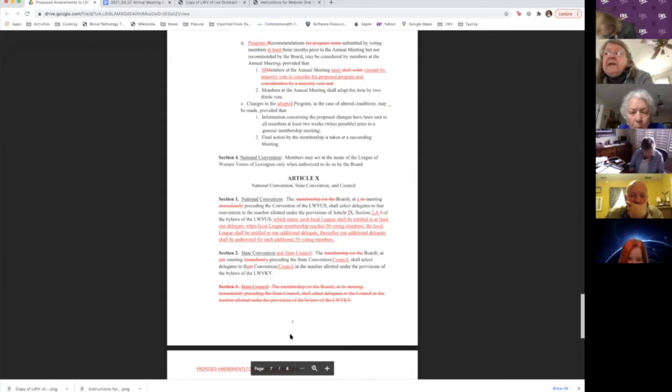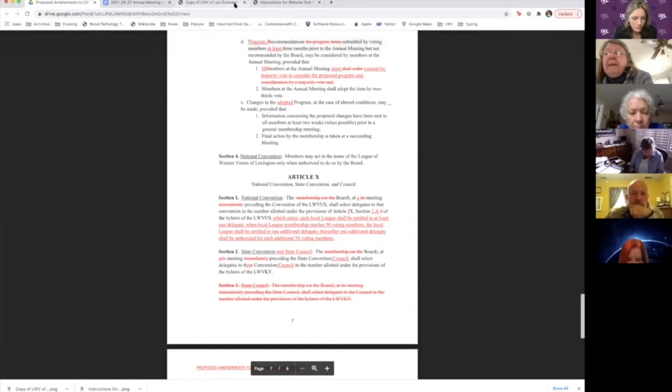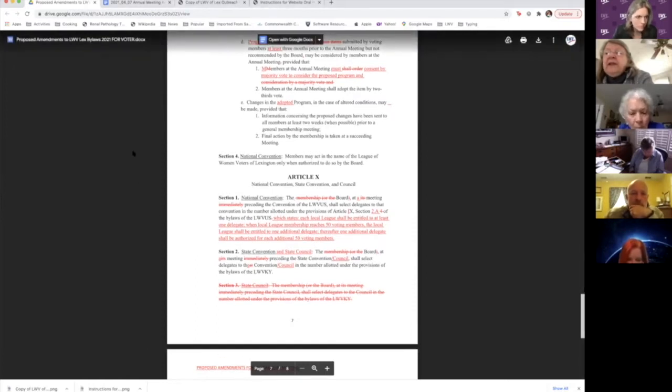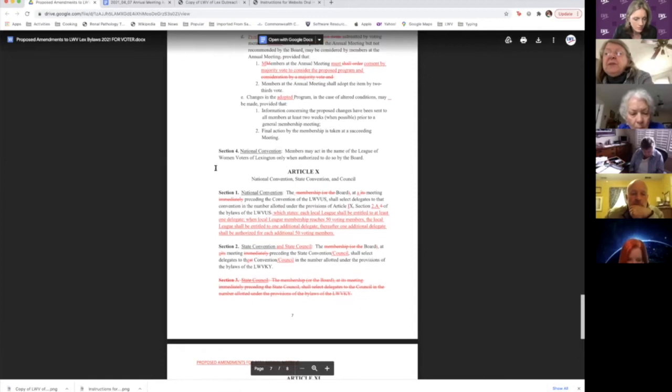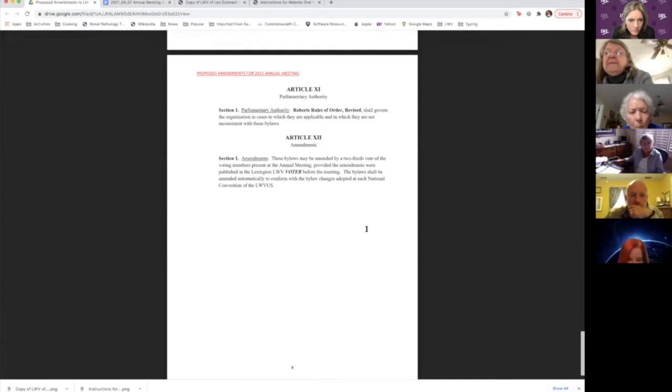And the state convention, they're going to just turn into an annual meeting after the meeting this year. That's a recommendation, but we do need to be sure we have delegates appointed before each of those meetings. And I think that's it.